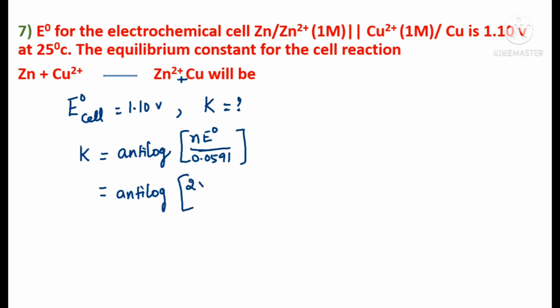So 2 into 1.10 divided by 0.0591. After finding the antilog, the answer would be 1.67 into 10 to the power 37. Understood, students? This is how we find the equilibrium constant when the EMF of the cell is given.